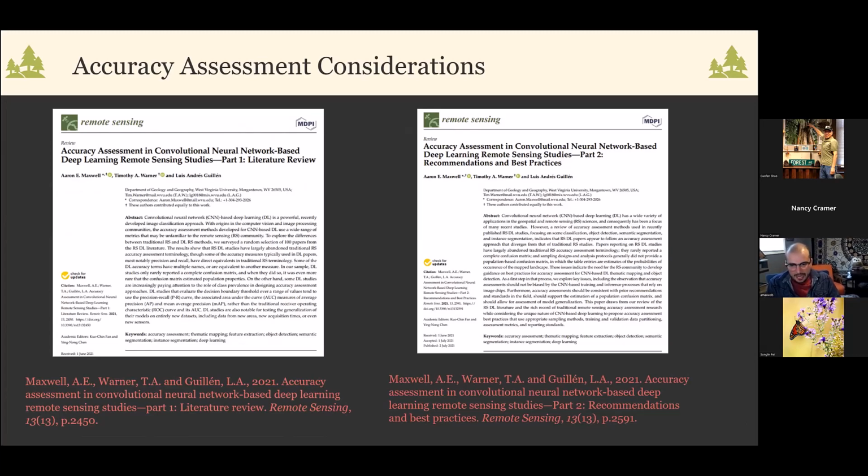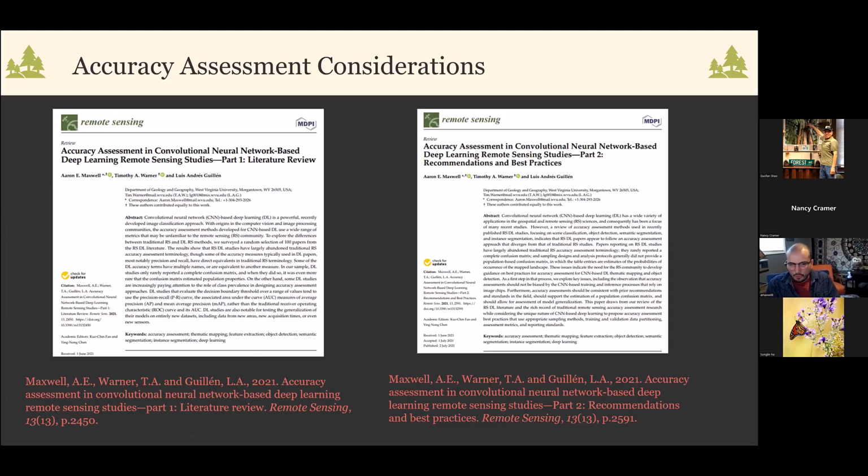I'm really interested in accuracy assessment in general. So this is kind of another side note. Last year, Tim Warner, who's my research advisor and an alumnus of Purdue, and I, along with one of our grad students, Luis Andres Bulin, put together a series of papers on best practices for accuracy assessment in the context of semantic segmentation and object detection deep learning.